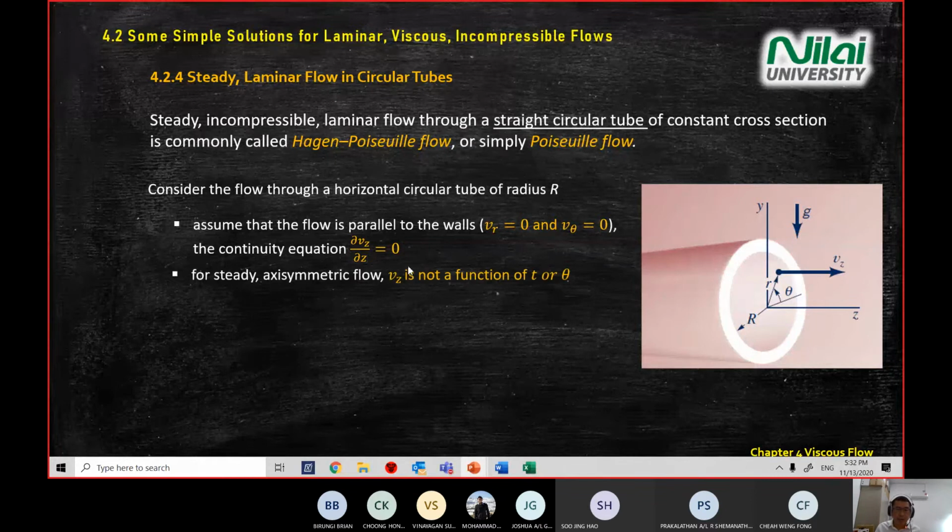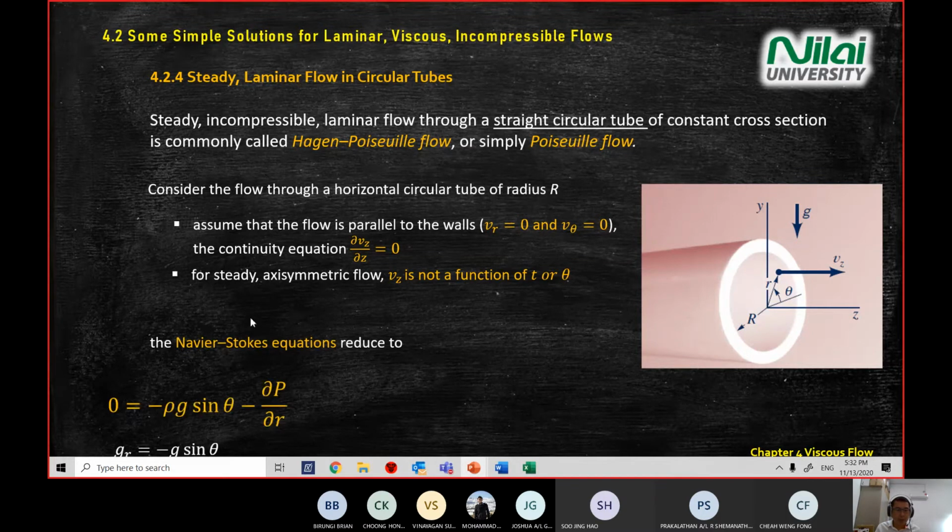Steady axisymmetric flow, so we don't need to define our Z as a function of time or angle. So the Navier-Stokes equation reduces, just now, the three radial equations. That one is above question 10 in the handouts. So the 3 equations reduce to these 2 that you see on the screen here.